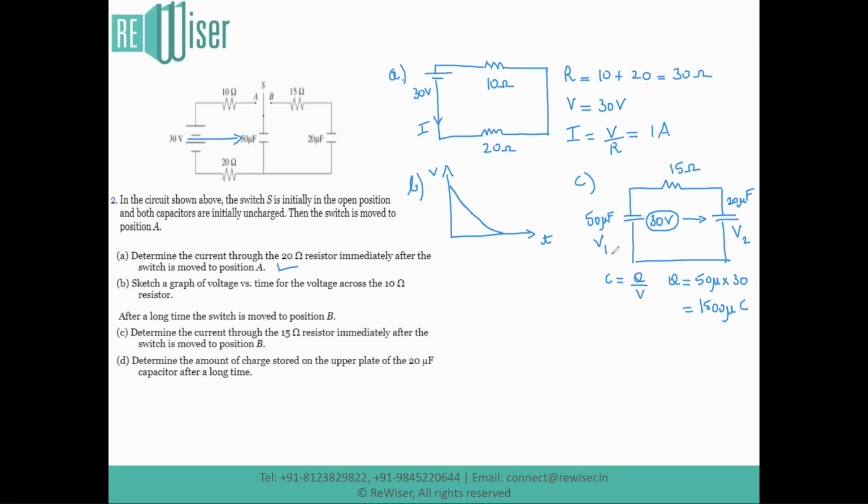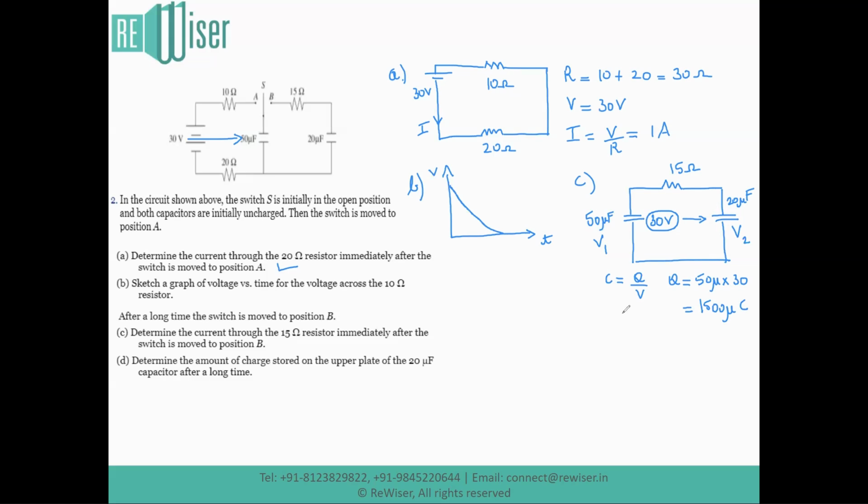Now, before we solve further, let's first start understanding how to solve part C of the question. Part C asks us to determine the current through the 15 ohm resistor immediately after the switch is moved to position B. Immediately after the switch is moved to position B, as we've done before for the first circuit, the 20 microfarad starts to charge and hence acts as a closed circuit.